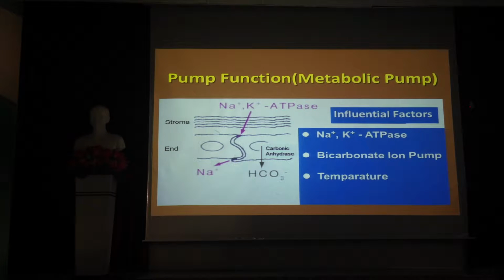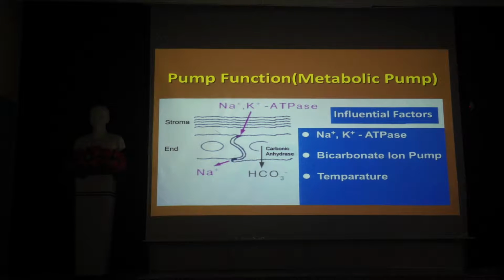Also, this is temperature sensitive because it is energy dependent. So when we perform corneal transplantation, if you warm up the donor cornea a bit before the surgery, it becomes thinner and transparent, so it is a bit easier to perform the corneal transplantation, especially penetrating keratoplasty.